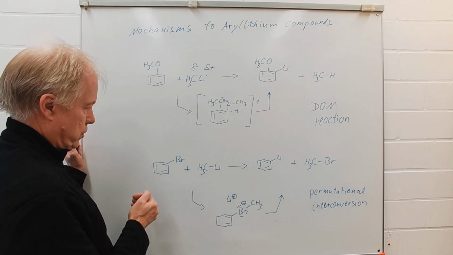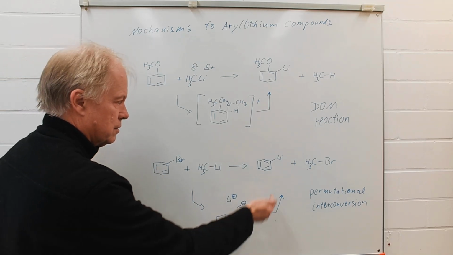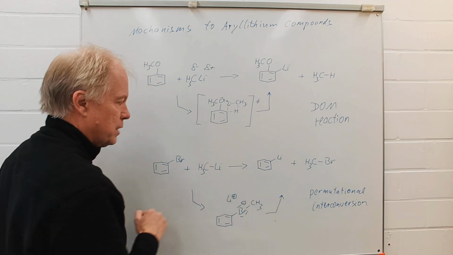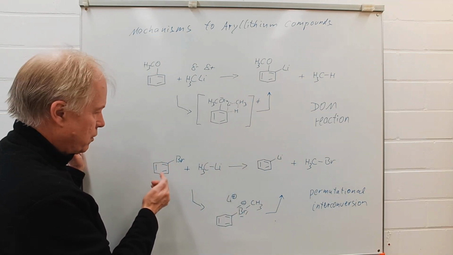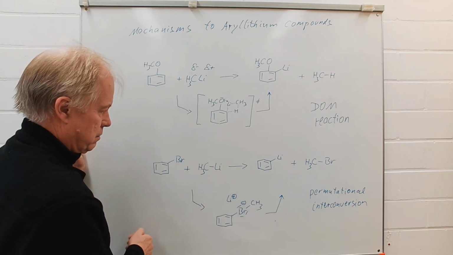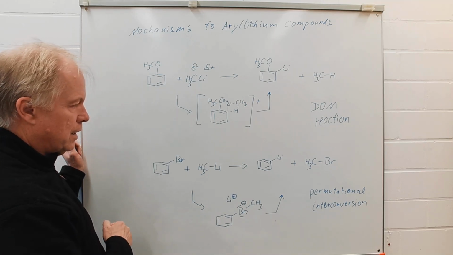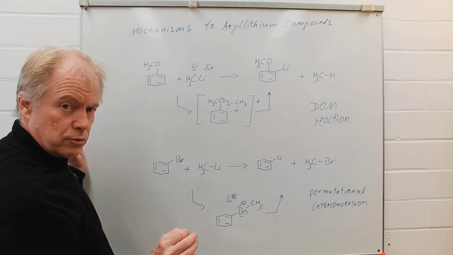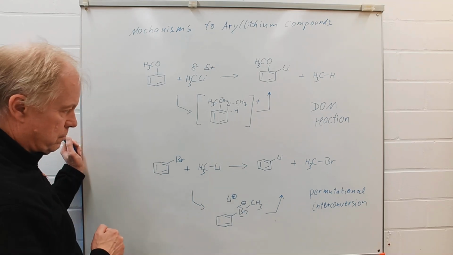Another important reaction for synthesizing lithiated aromatic compounds is the exchange of a halide sitting at the aromatic system by, again, maybe methyl lithium, butyllithium, and so on. This process is called the permutational interconversion.